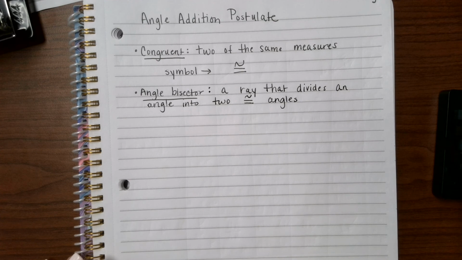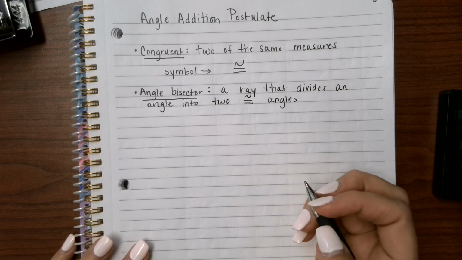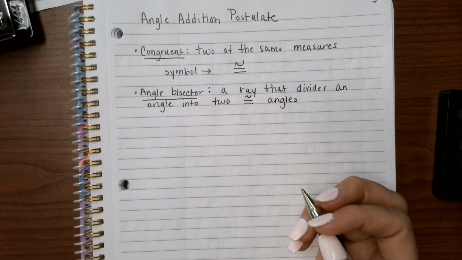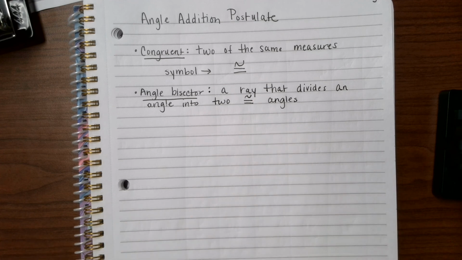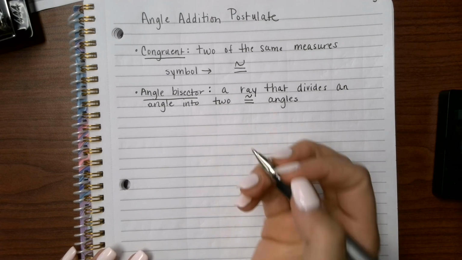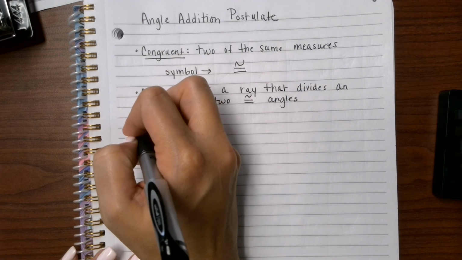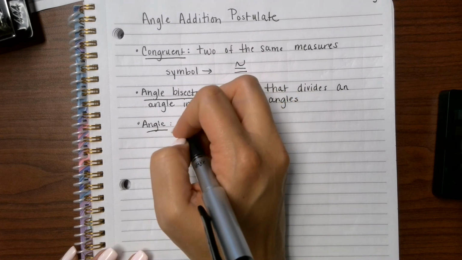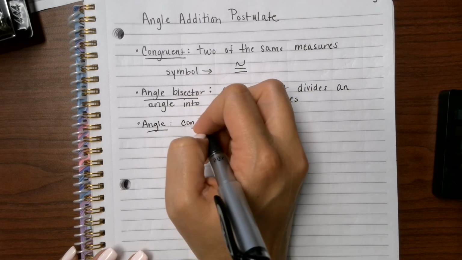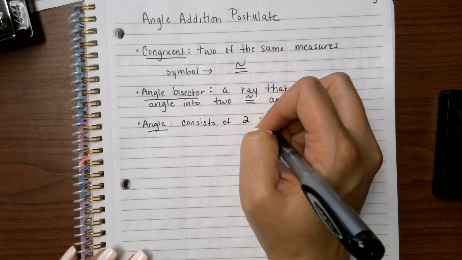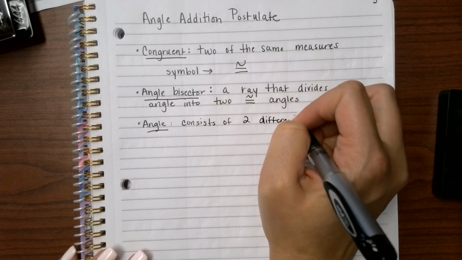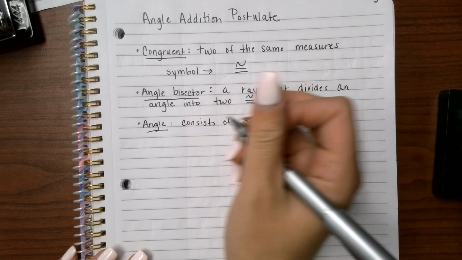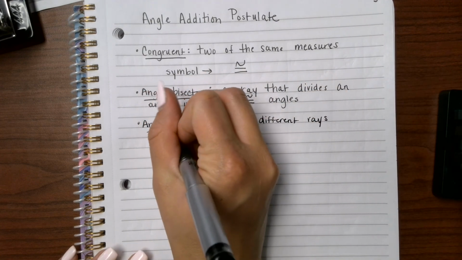Alright, so we're going to write the name for each of the angles below, and we're going to name the vertex and sides and tell whether it appears to be acute, obtuse, right, or straight. Now in order to do that, we're going to have to define what it means to be acute, obtuse, right, or straight. So first off, an angle consists of two different rays with the same endpoint.